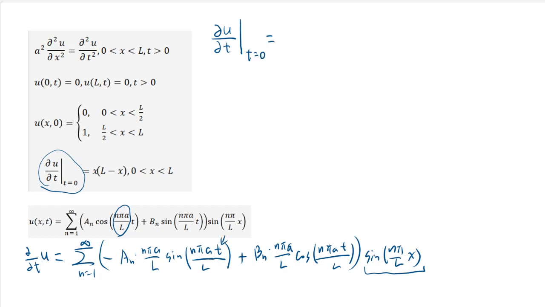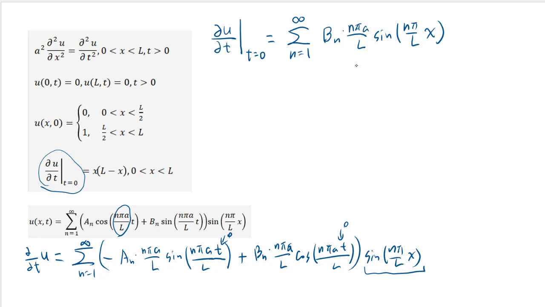That's like plugging in 0 into t here and there, and again you get sine 0, which doesn't give you anything at all, and here cosine 0 is 1, so you just end up with bn only, which is exactly what we want, right? So we want bn times n pi a over L times cosine 0 is 1, so we don't need that, and then sine n pi over L x.